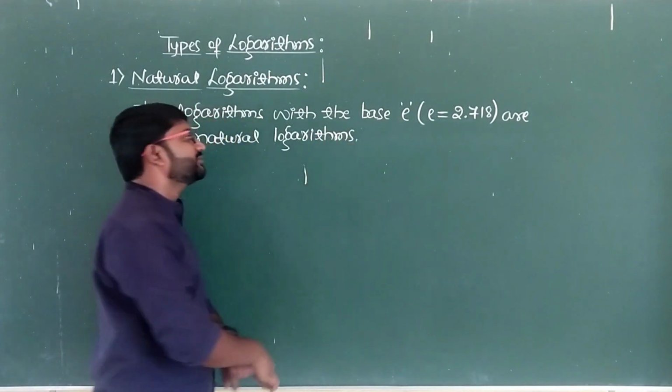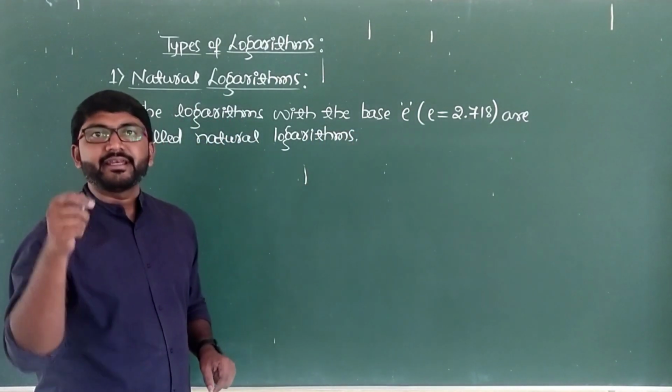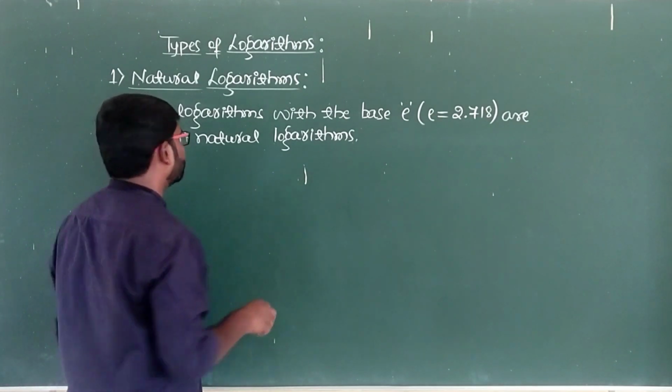Natural logarithms are also called Napier logarithms. Let us give an example for this.